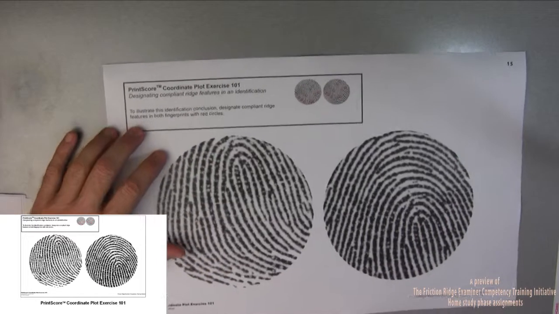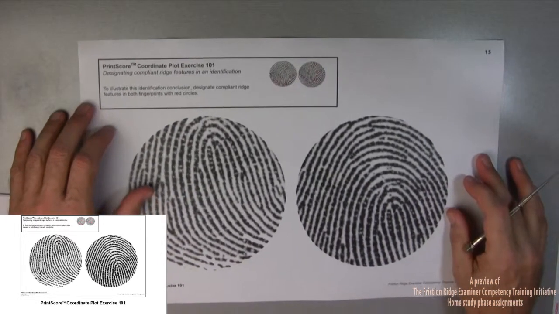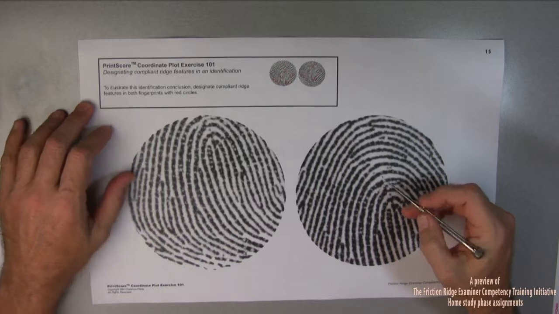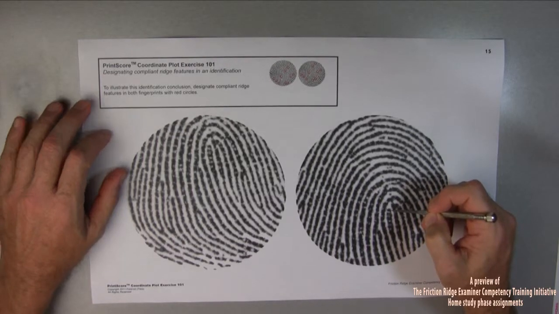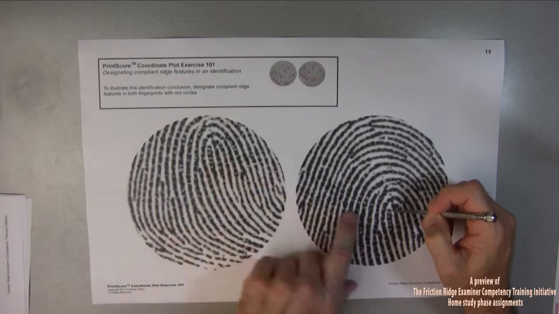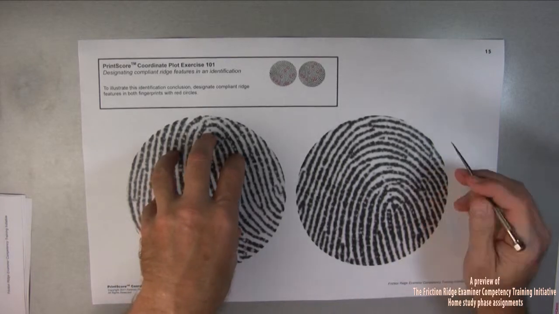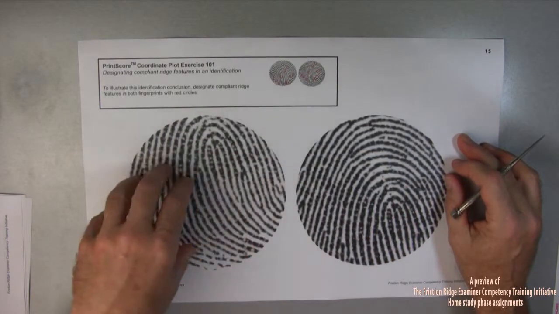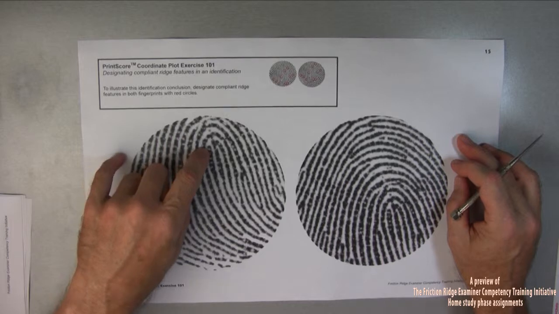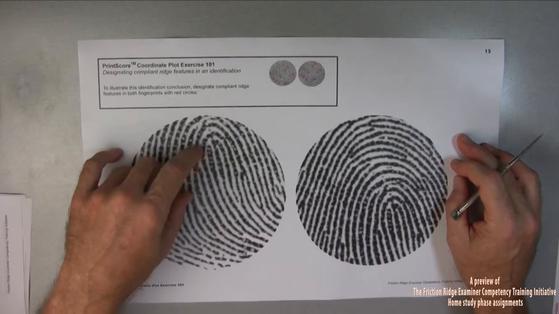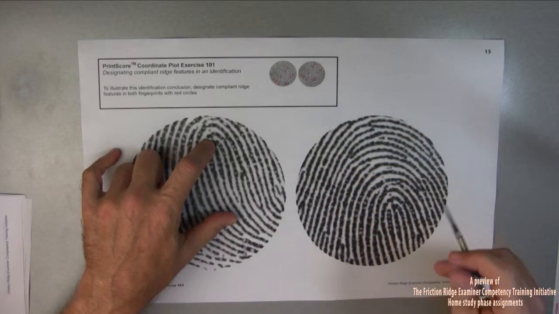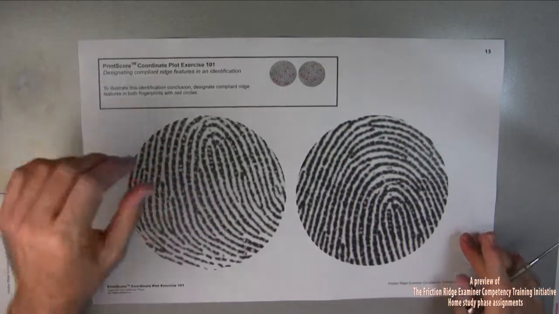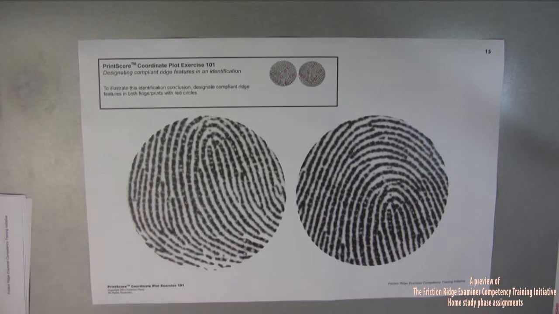That's the first coordinate plot exercise, and all you have to do is use your red pencil and make circles and find compliant ridge features in each, starting with the questioned on the left to the known on the right. Every place that you see a compliant ridge feature, go ahead and place a circle, and that will designate in a self-explanatory exhibit what ridge features you use to make the identification.